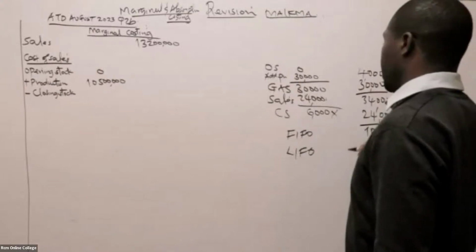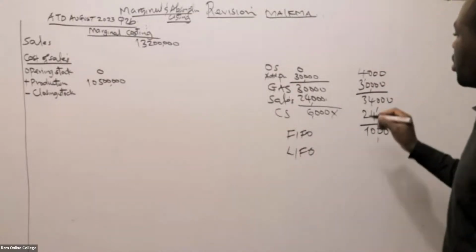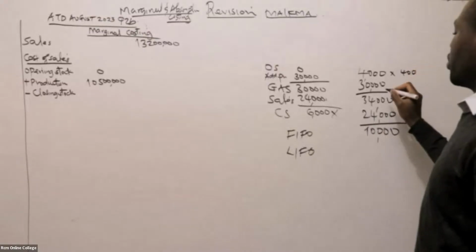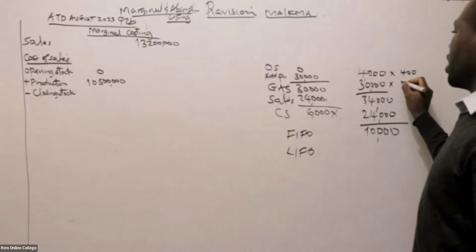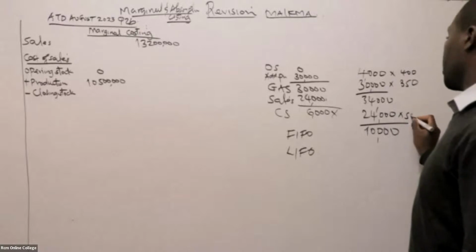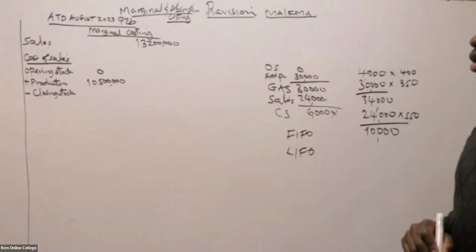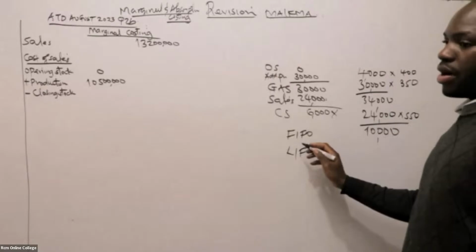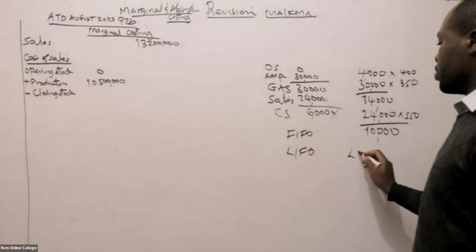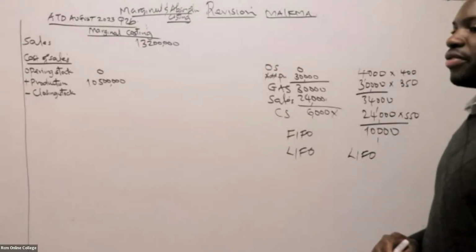Then we come and complicate things and tell you this opening stock was brought in at 400. Then we tell you what was produced during the year was produced at 350. Then the sales, you sold them at 550. Now we complicate these things by giving one additional piece of information: the company is using LIFO, last in, first out.